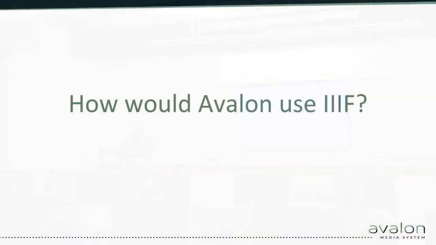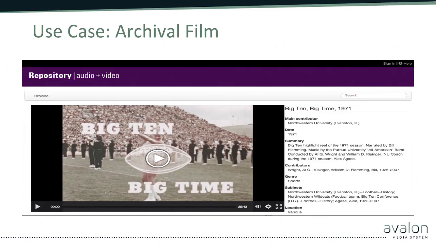So how does Avalon perceive using IIIF? Here are some of our use cases I'll just run through quickly. Northwestern's Avalon instance has archival film like football games, which I think they have a lot of that content, as well as IU would. So this is just archival film that we'd want to show.